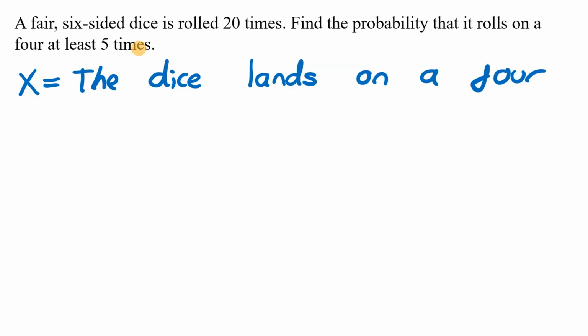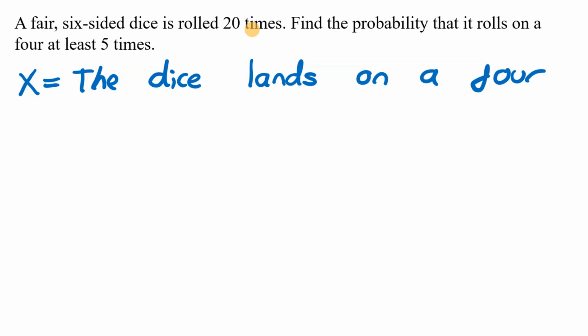Now, we can use a binomial distribution here because of the 4 criteria as we talked about at the start of the video. There are a fixed number of trials because the dice is rolled 20 times, so in this case n is equal to 20. There are 2 possible outcomes, either success or failure. Success is when it lands on a 4 and failure is when it doesn't land on a 4.